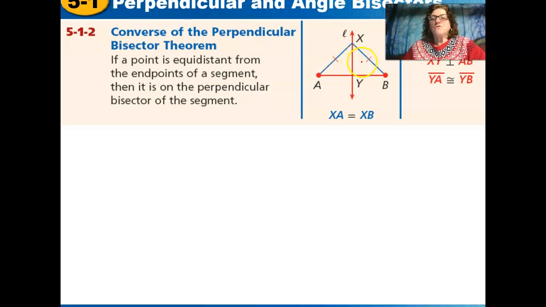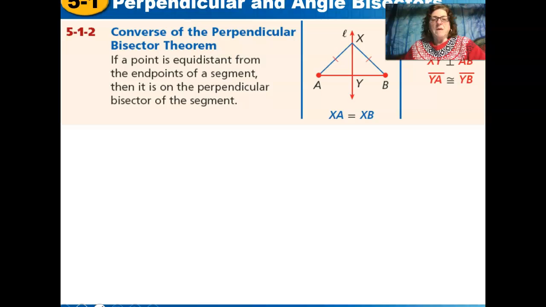That makes these two triangles congruent to one another by HL, which would mean then, therefore, that AY is congruent to YB, and that Y is therefore a midpoint. Therefore, XY is indeed a perpendicular bisector because it meets both conditions of being both perpendicular and intersecting AB at its midpoint.